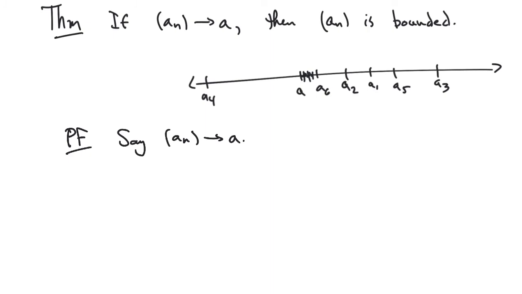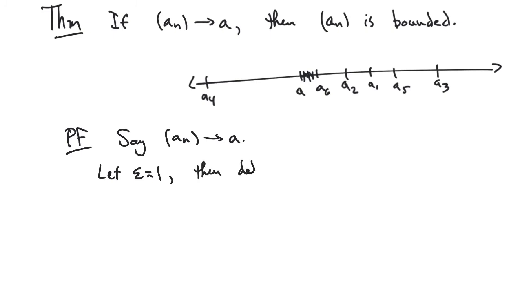Convergence means something is true for every epsilon. So because of this, I can choose any epsilon I want and say all that stuff about what the convergence means, because the convergence says for any epsilon, all this stuff is true, right? So we can choose any epsilon we like. I'm going to say let epsilon equal 1.